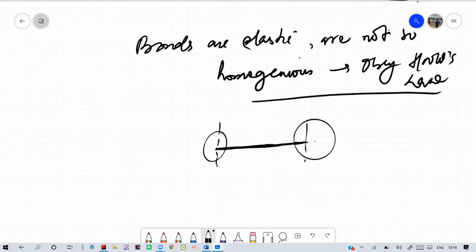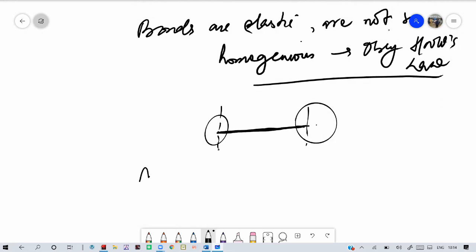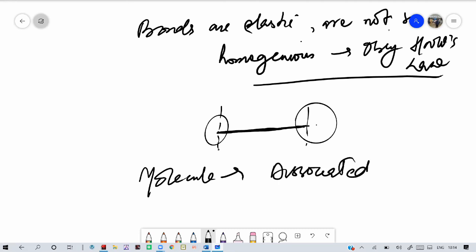So the molecule is dissociated. Dissociated means broken down into individual atoms. So when the energy is large, when the vibrations are such that the bonds are broken down, the molecule is dissociated into individual atoms.